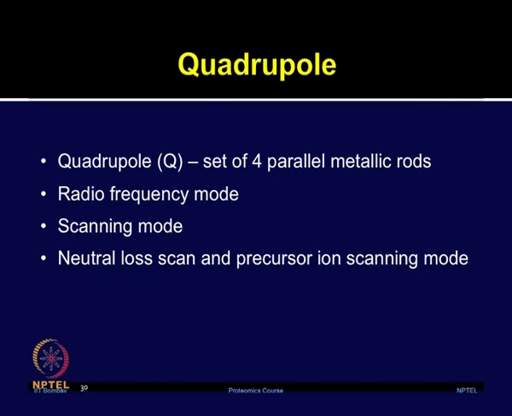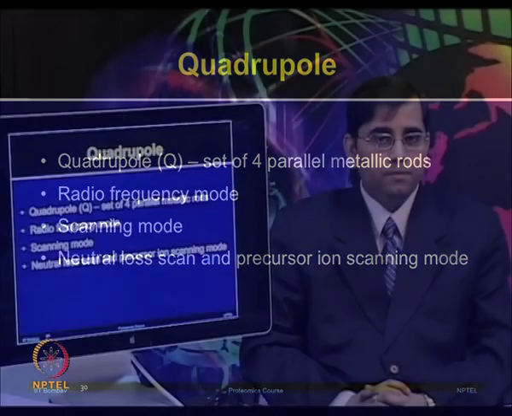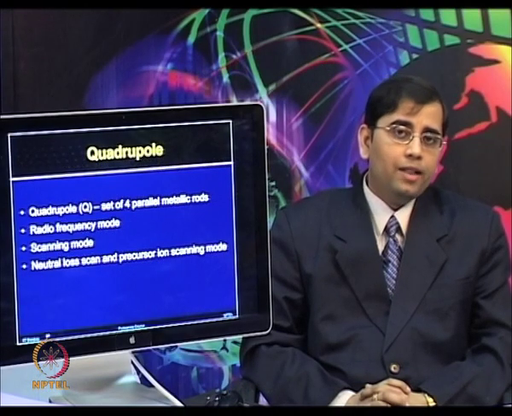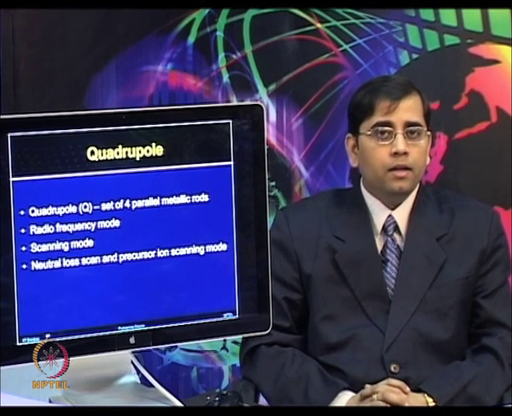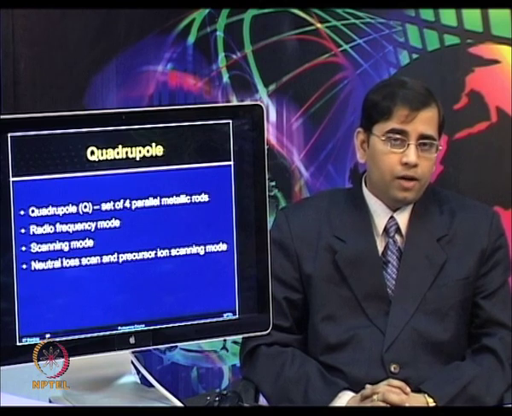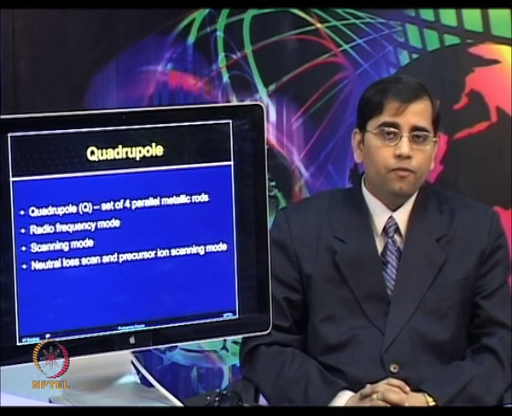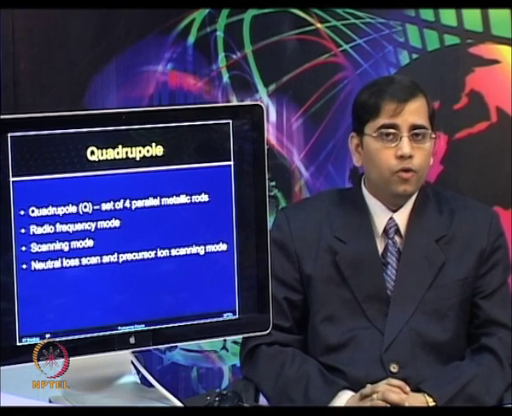With the potential difference applied, the instrument can be used as a mass filter. The neutral loss scan and precursor ion scanning methods are used for phosphorylation, to distinguish the phosphorylated and non-phosphorylated peptides.